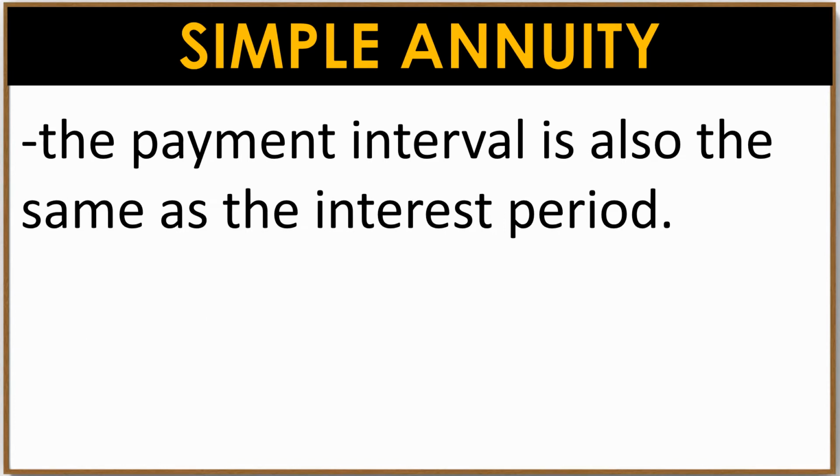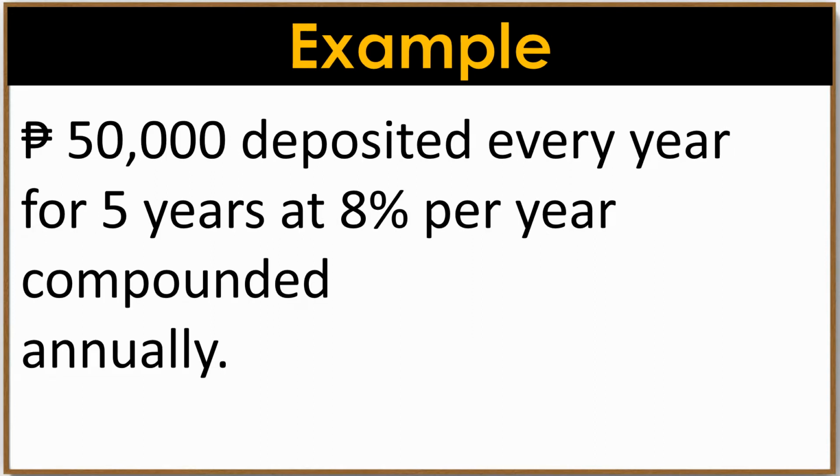When you say simple annuity, the payment interval is also the same as the interest period. So, if we have here the example, 50,000 pesos is deposited every year for 5 years at 8% per year, compounded annually.